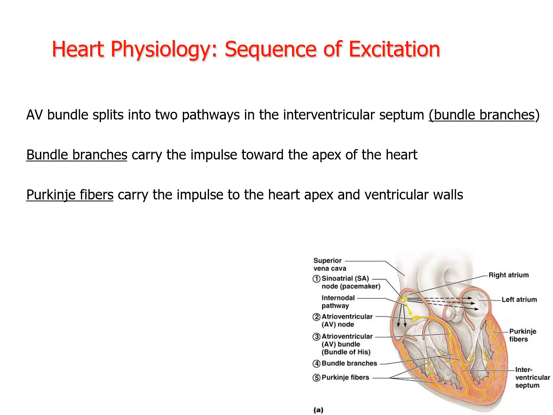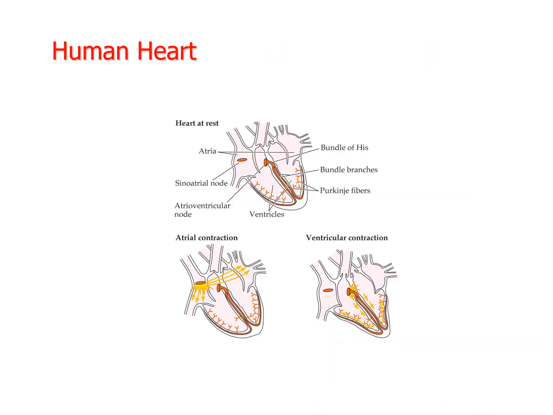This just describes the pathway which I've talked about before. So first atrial contraction because of the spread of the wave across the atria, and then followed by ventricular contraction because of the delay at the AV node and the spread of the depolarizing wave across the ventricles.